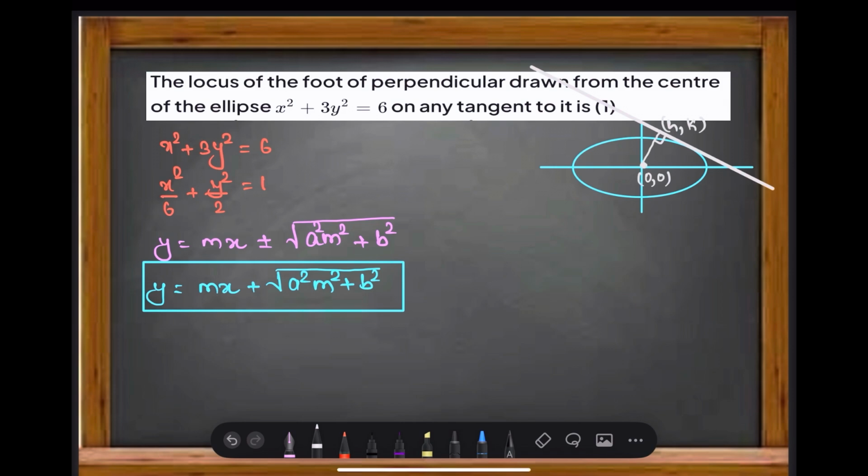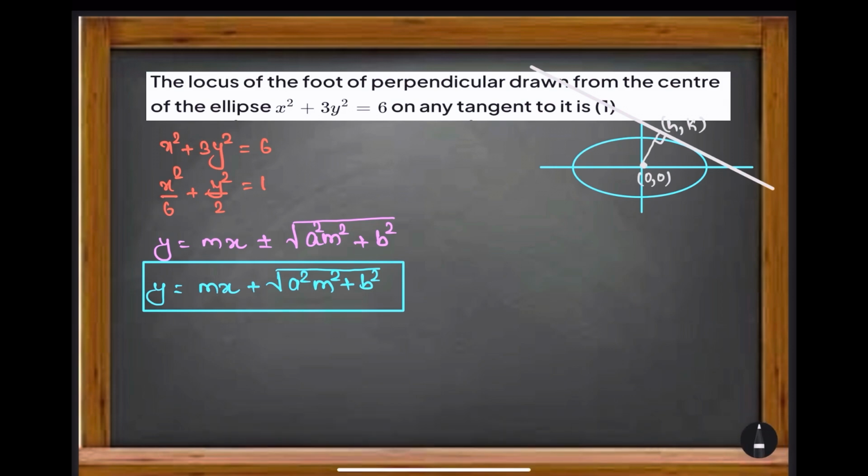Now you know that both lines are perpendicular. So can I say that the product of slopes would be minus 1? I'll plot those points O, P. Can I say that slope of OP into slope of tangent will be minus 1 because both are perpendicular?